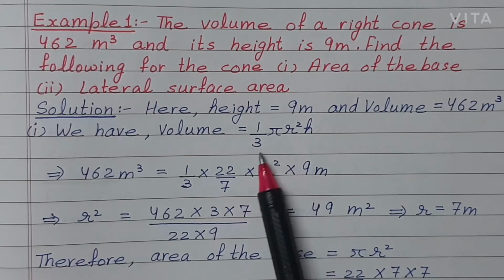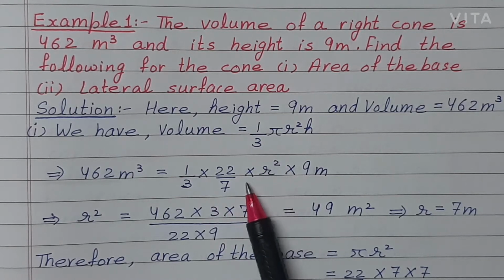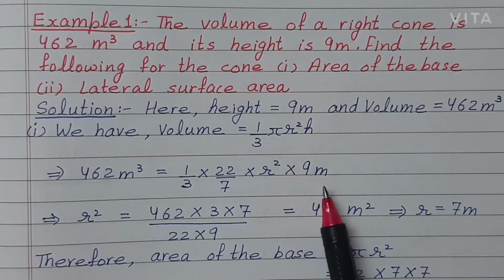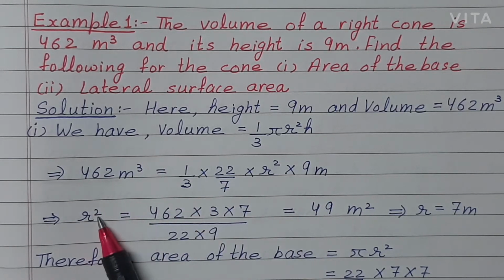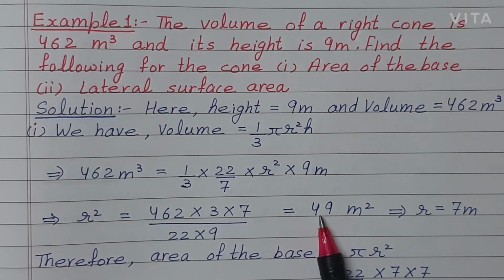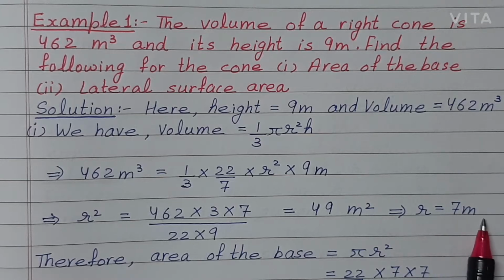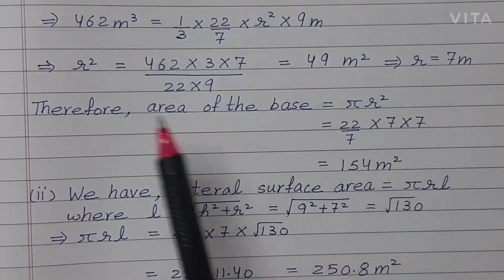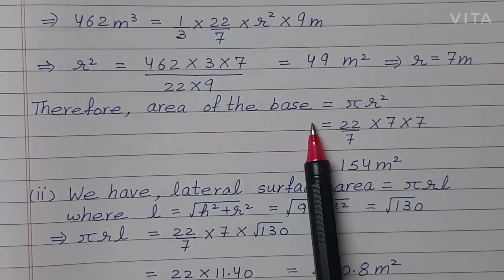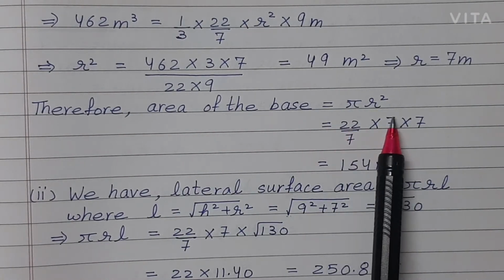Here radius is missing, so we keep r square as it is, and height is 9 meter. After solving this, we get r square as 49. So this implies r is 7 meter. Clear?